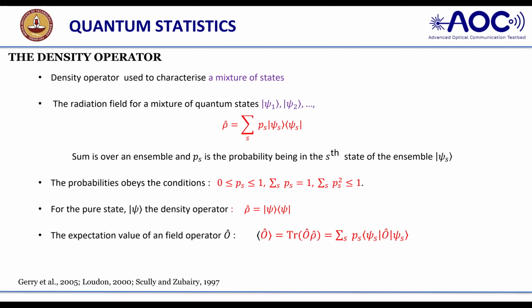Suppose you have the psi 1 field, so probability P1 belongs to psi 1, P2 belongs to psi 2, and this is my way of representing it in Dirac notation. We should make sure that for the mixture of states, these are the probabilities of occurrence of each state, so each probability lies between 0 and 1, and the whole sum becomes 1.